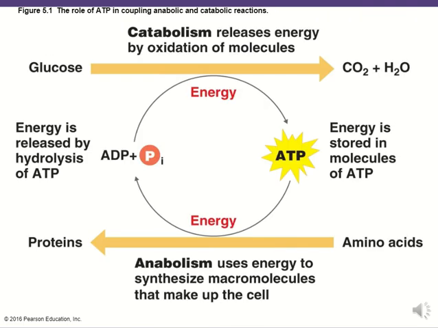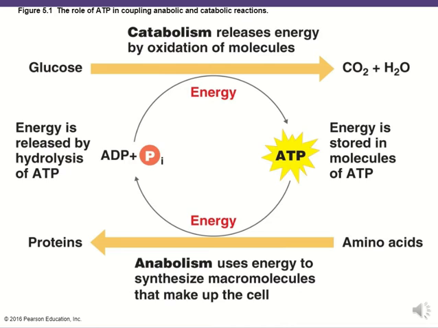Essentially, catabolic processes release energy, such as in the case of glycolysis, the breakdown of glucose, whereas anabolism uses up energy, such as in the case of taking small amino acids to form long chains into proteins.